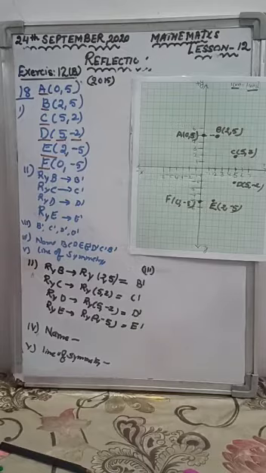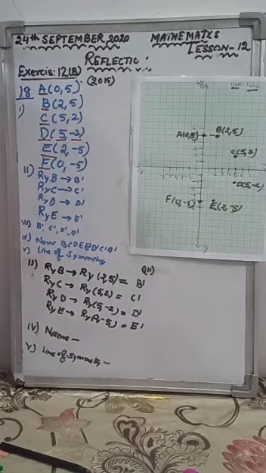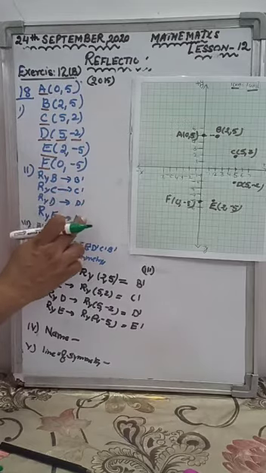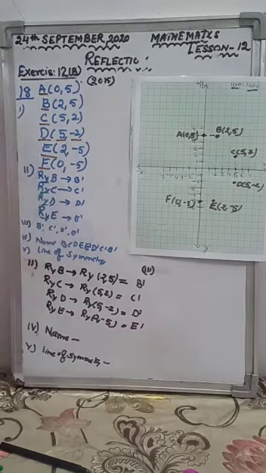Now the question 18, second part says that we have to show the reflection of the points B, C, D and E in the y-axis, and then you have to name them as B dash, C dash, D dash, E dash. So you have to do the reflection on the y-axis. Clear?